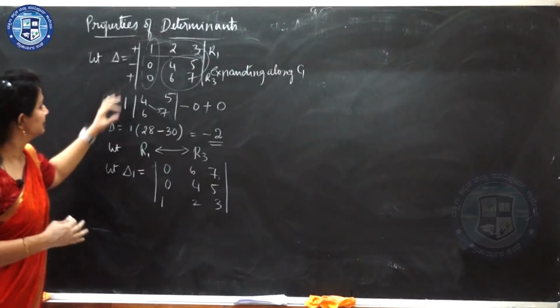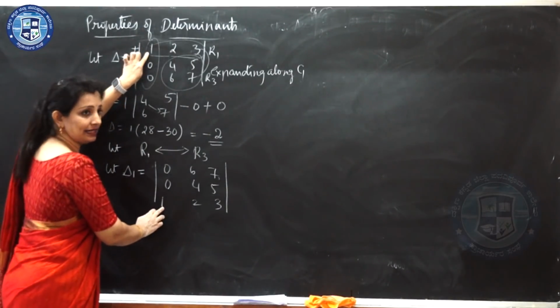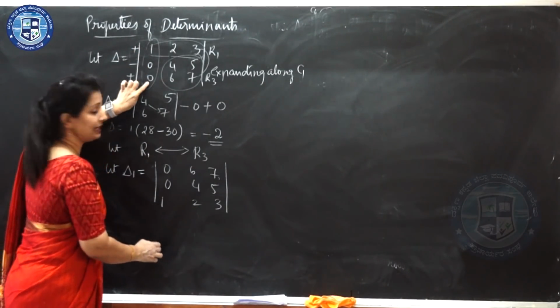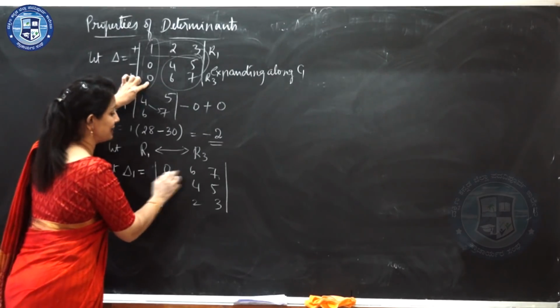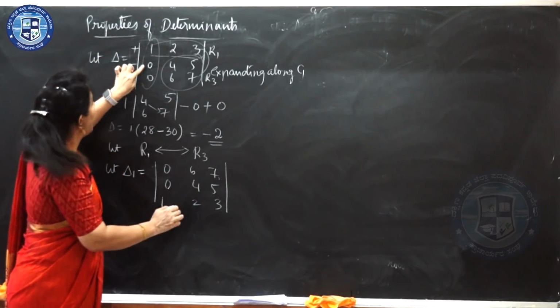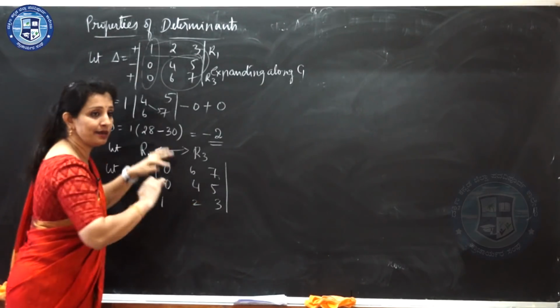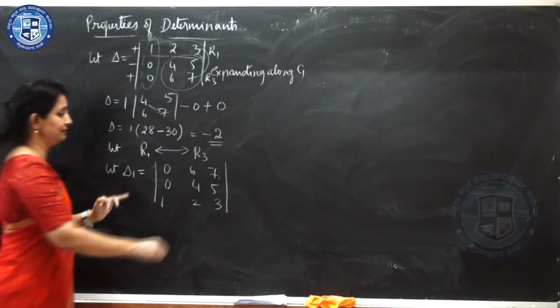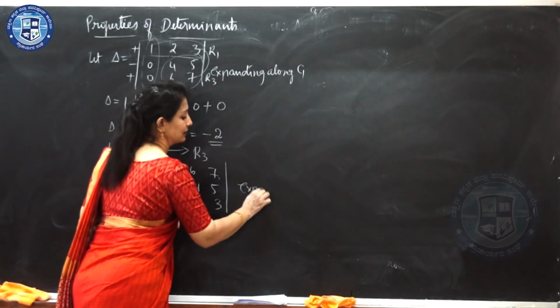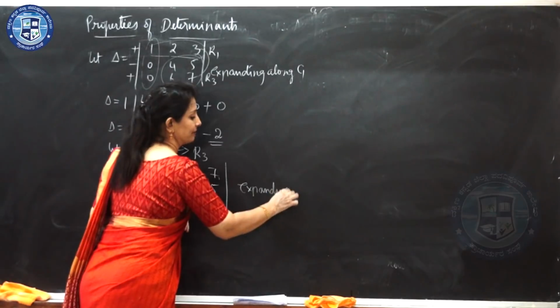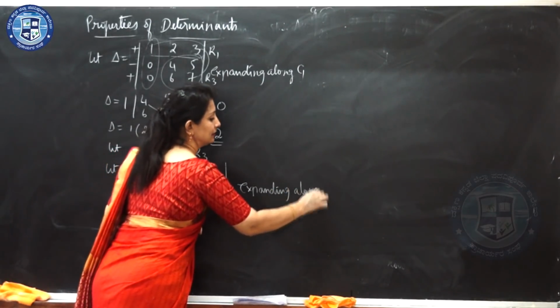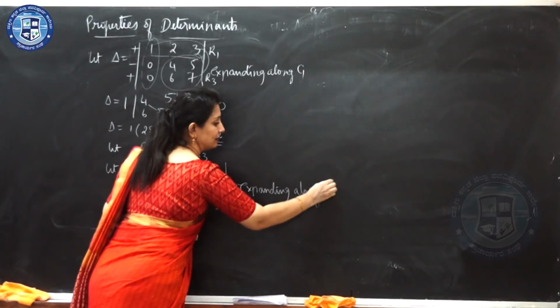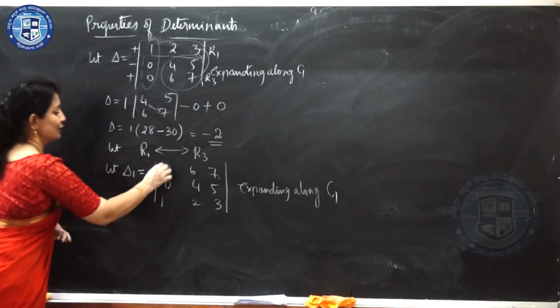How did we do this? R1 changes to R3, 1, 2, 3. R3, 0, 6, 7 changes to R1, 0, 6, 7. R2, 0, 4, 5 remains the same. Now again you can expand along the first column, expanding along C1, first column.